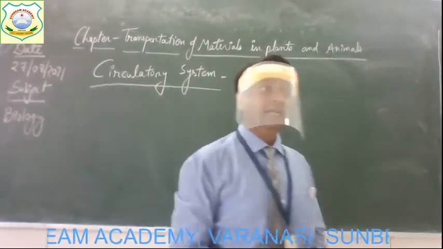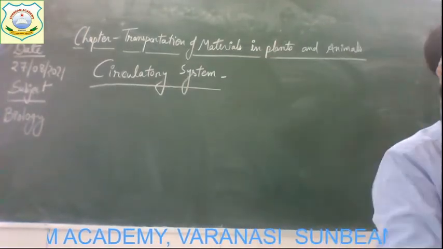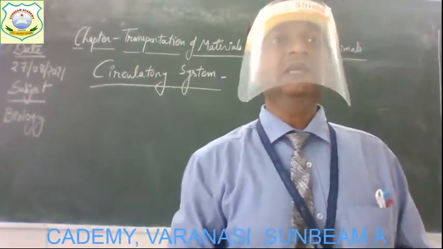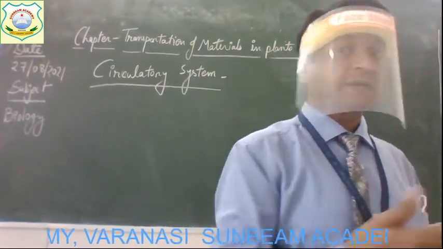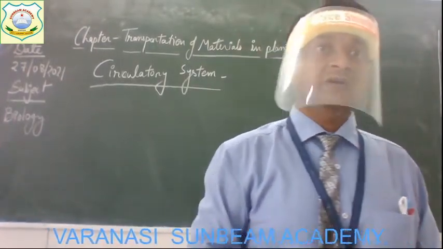The circulatory system is a system present in our body by which the movement or transportation of different substances takes place in our body.